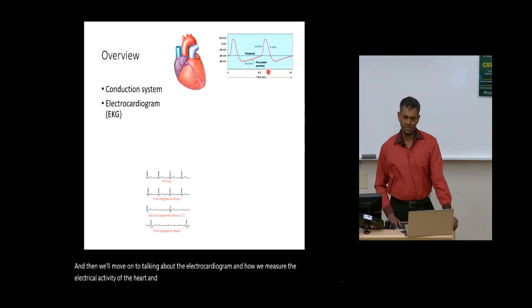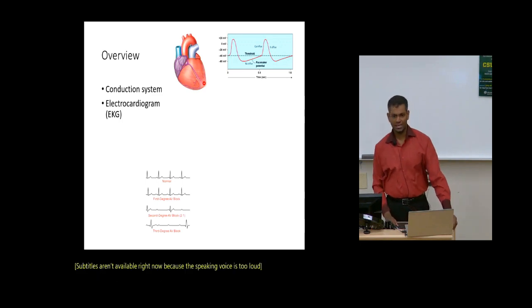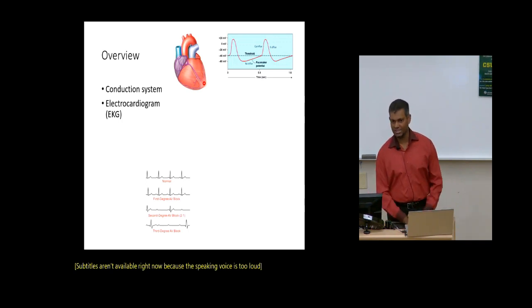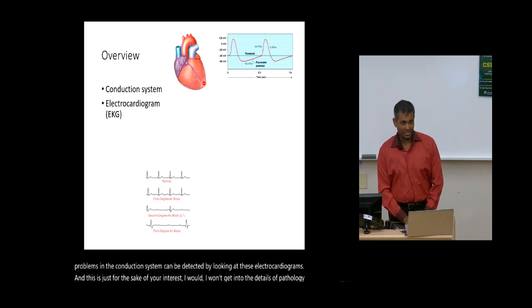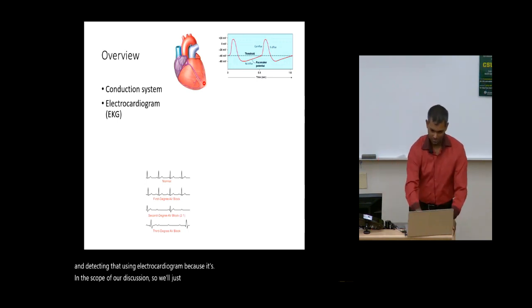I'll give you a couple of examples to show how any problems in the conduction system can be detected by looking at the electrocardiogram. This is just for the sake of your interest. I won't get into the details of pathology and detecting that using electrocardiogram, because it's way beyond the scope of our discussion. So we'll just look at a few examples.